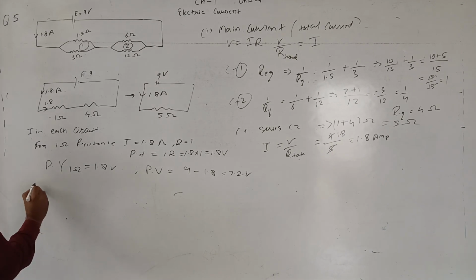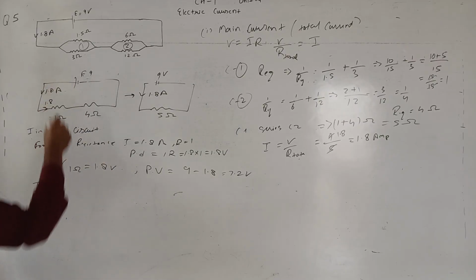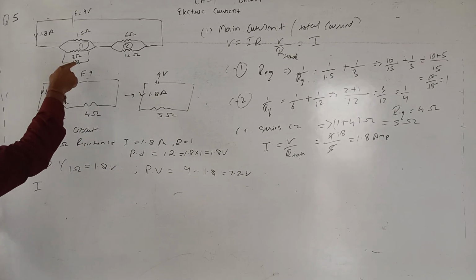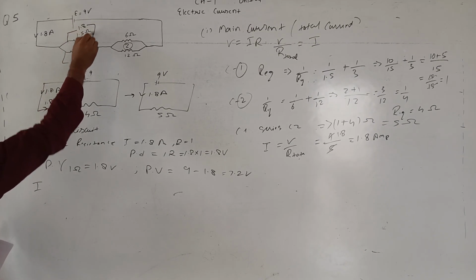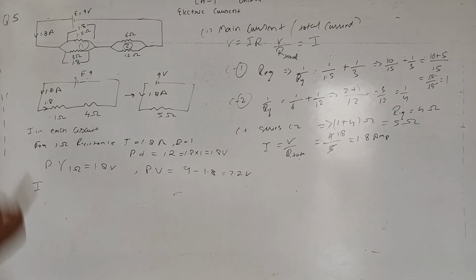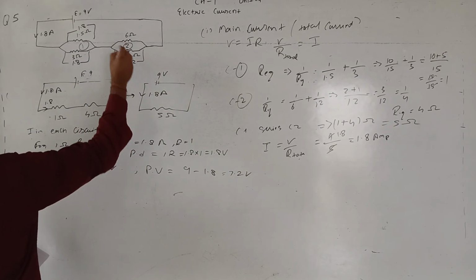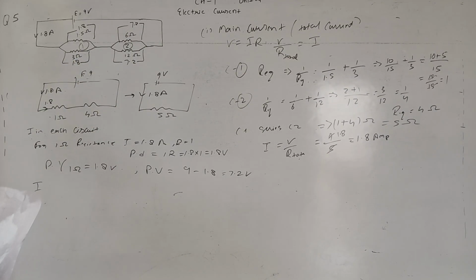Therefore, 1.8 volt is the potential drop across the 3 ohm resistance as well as across the 1.5 ohm resistance. Similarly, the potential drop is 7.2 across the 12 ohm resistance as well as the 6 ohm resistance.